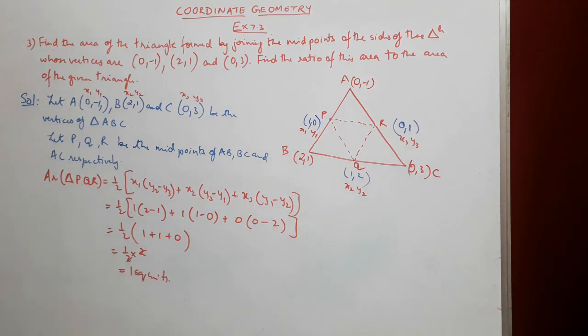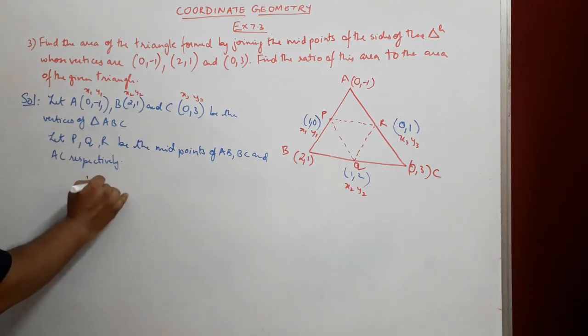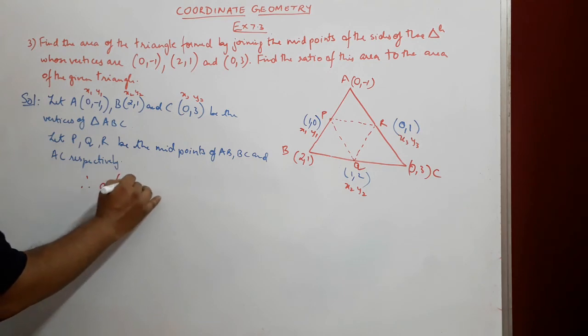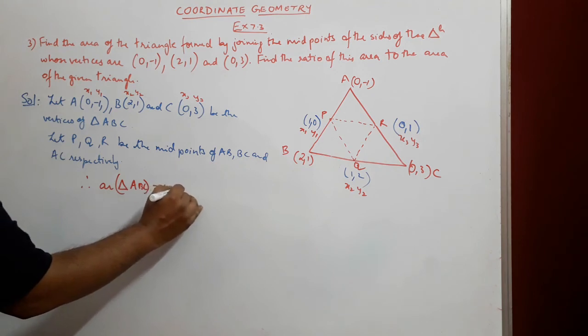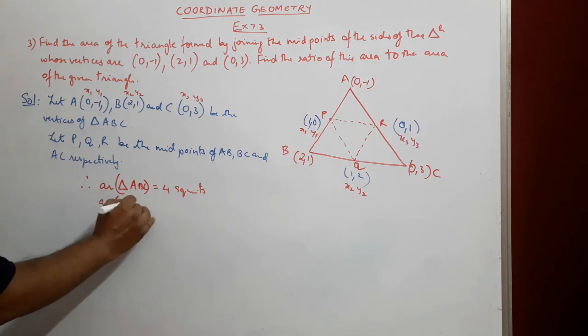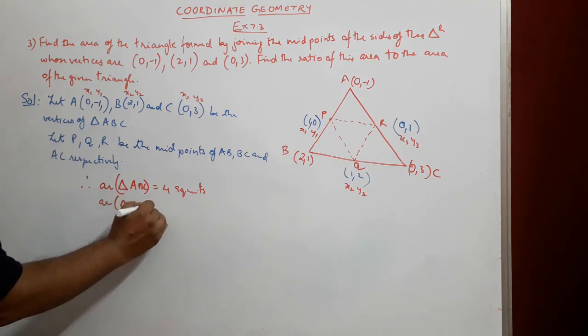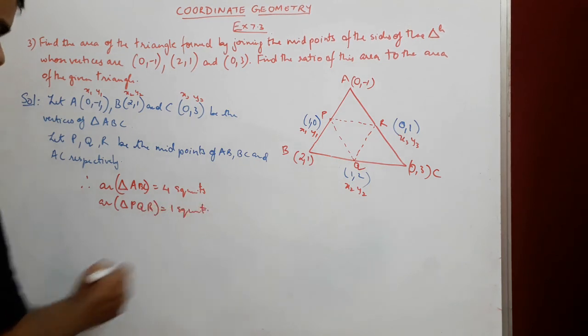So now we got area of triangle ABC is 4 square unit and area of triangle PQR is 1 square unit. So let us put that down. Therefore area of triangle ABC equal to 4 square units and area of triangle PQR equal to 1 square unit.